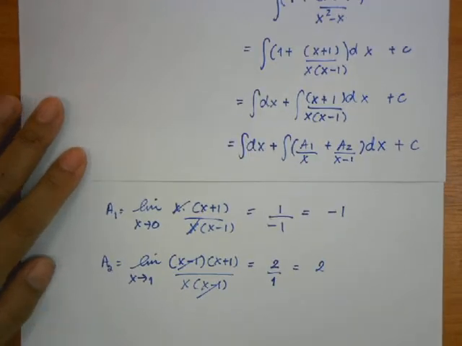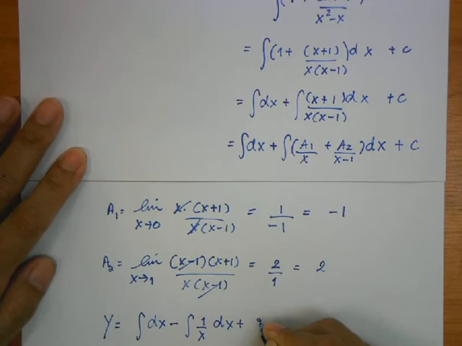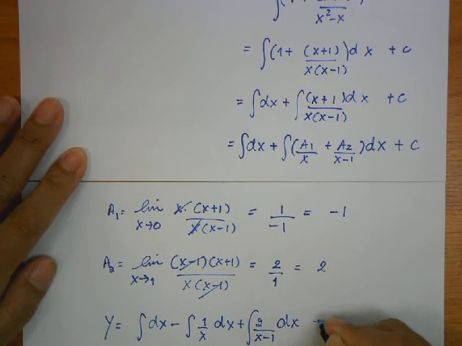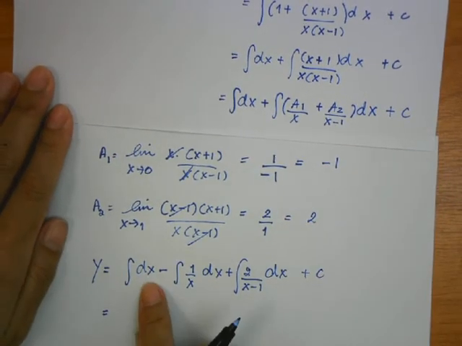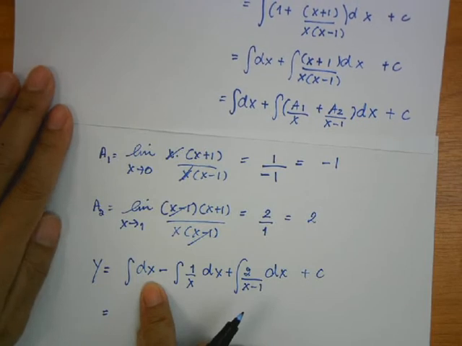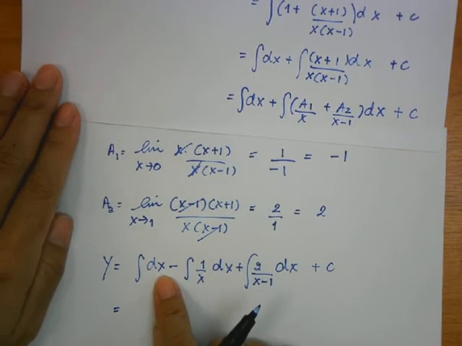Now, your y is equal to integral dx minus integral 1 over x dx plus integral 2 over x minus 1 dx plus c. Now, can you do integral of dx? Integral dx equals x.